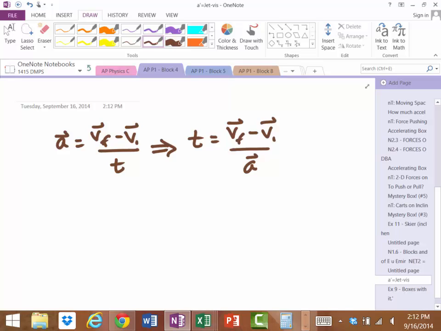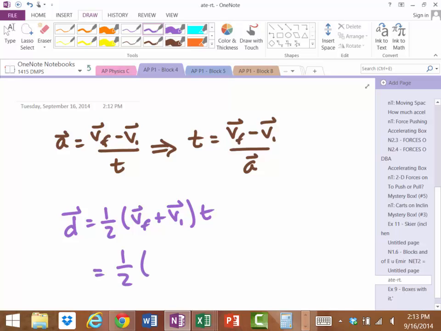Now, the last time we were together, we established another equation: displacement is 1/2 (vf plus vi) times t. Sound familiar? I'm going to take this really awesome nastiness and put it in for t. Does that sound okay?